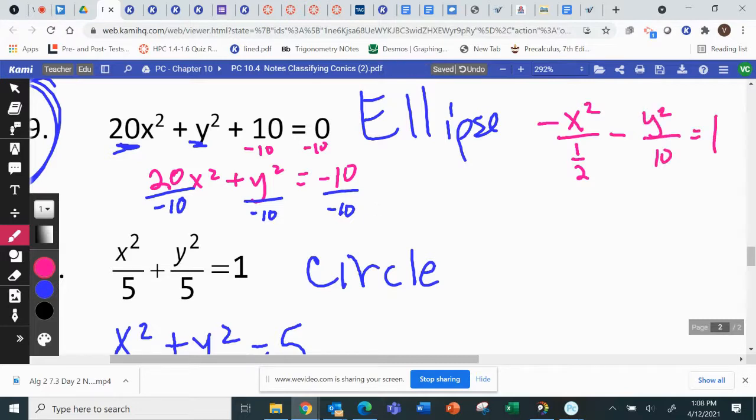So what's something different about this equation that never happened when we did ellipses before? What's something about this equation that never happened when we did the ellipses? So the half is different, but that is not what's making it not an ellipse, because I can still find the square root of a half.